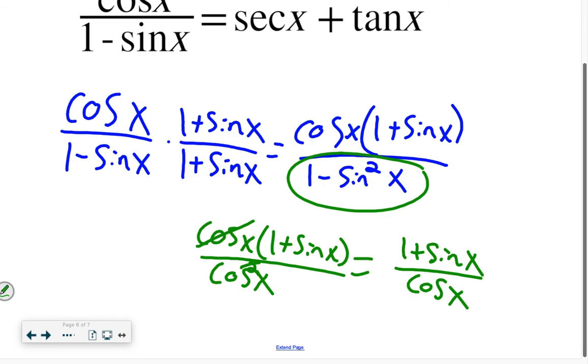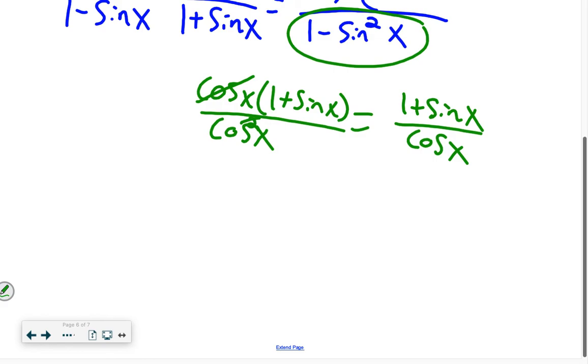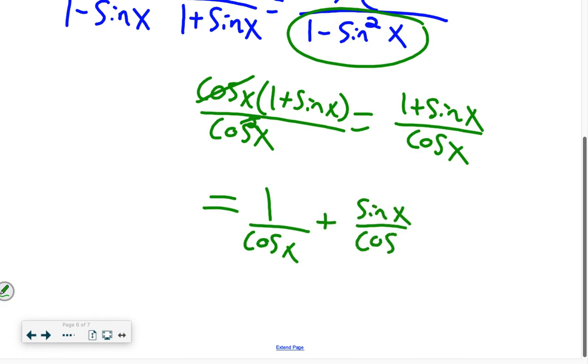Well, you have 1 plus sine of x over cosine of x. So what can we do there? We can split this apart. If you recall skills from algebra and algebra 2, if we have a fraction adding, we can split this apart as 1 over cosine of x plus sine of x over cosine of x, correct?